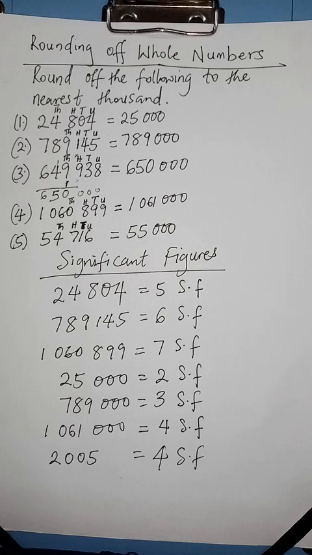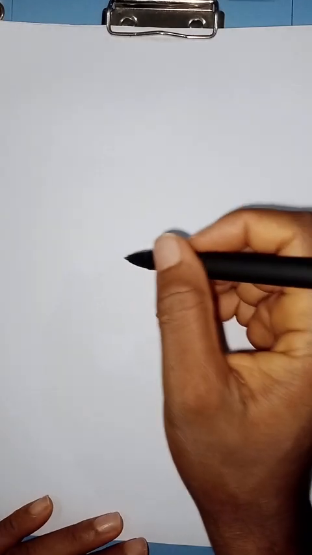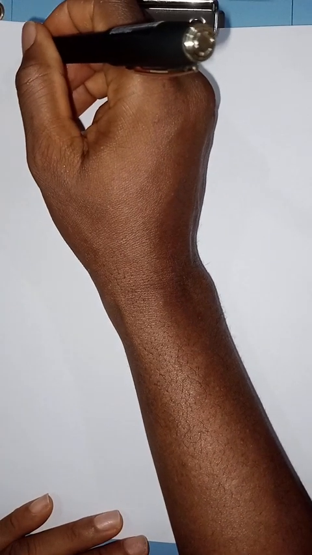But now another aspect we're going to look at is, what if you are asked to round off whole numbers to significant figures? What do you do? Now, let's look at some examples. That will help us. Now, in this case, I'm going to put my whole numbers here.